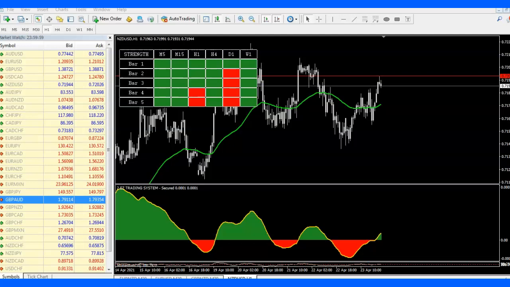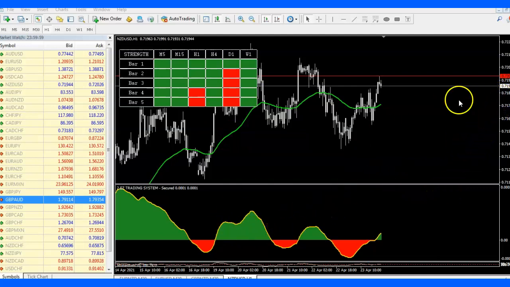I don't have the scanner. I do have the strength indicator, which is the one you're looking at right now. The reason I don't have the scanner is because I just haven't taken the time to buy it. But also, I don't necessarily need it.